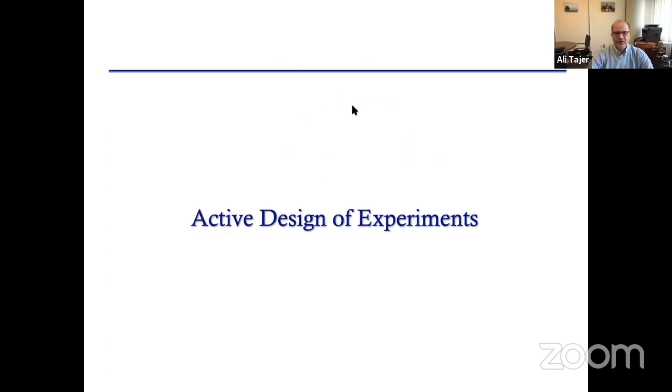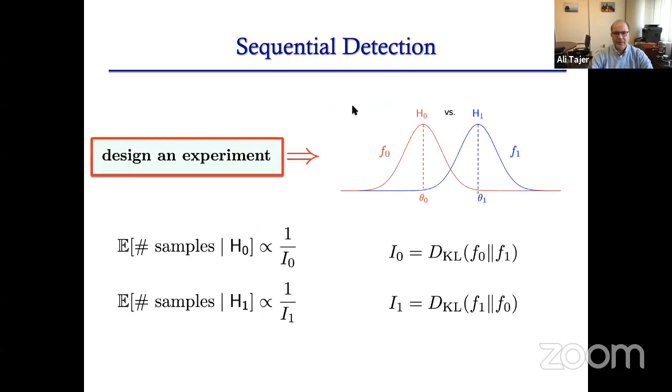Okay. Now, how does the design of experiment come into the picture? In this example that I mentioned, an implicit assumption was that we had already decided on an experiment, how to collect the data. And based on that experiment, we had two distributions. Let's say that, for instance, you're monitoring a biologic organ, and depending on your microscope, if they have two different measurement noise errors, you could have different probability distributions for your data, right?